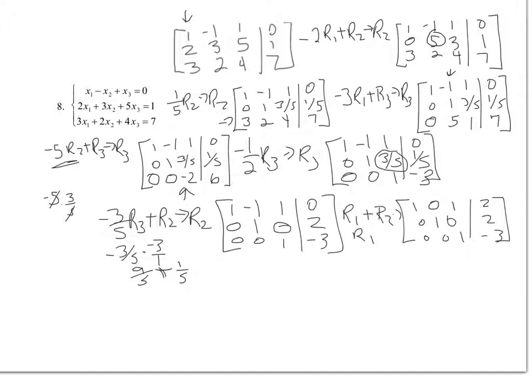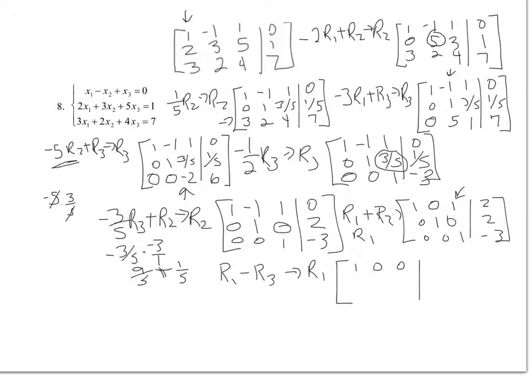And the very last thing that needs to change is this element right here in the first row. And I can make that become a 0 if I subtract row 3 from it. So if I do row 1 minus row 3 and make that my new row 1, I will have 1, 0, 0.